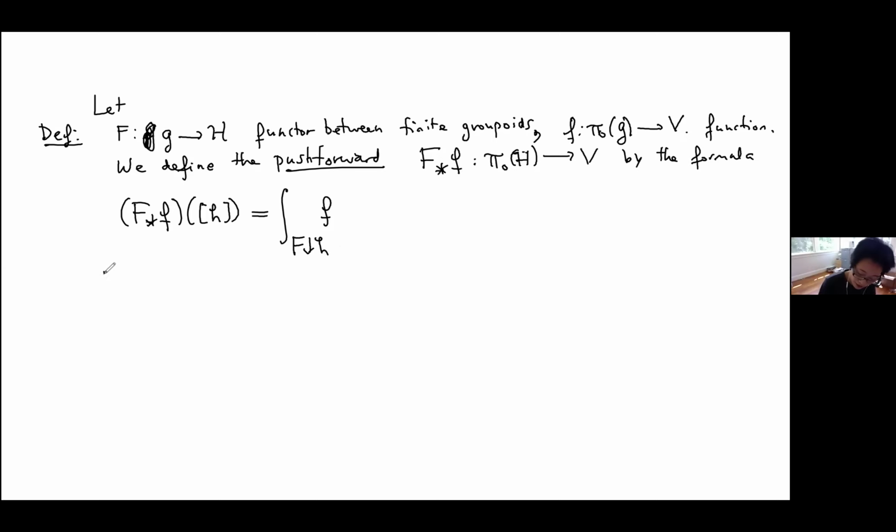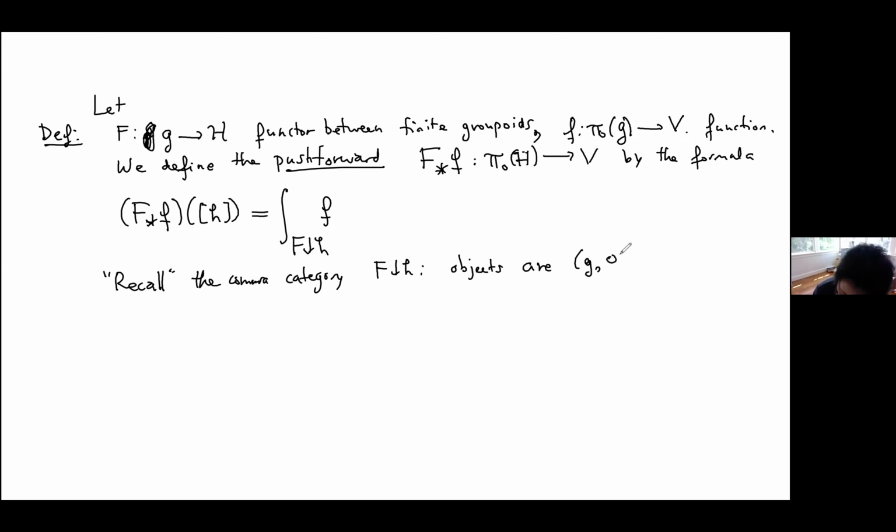So let me recall the comma category, and then I'll try to give you some vague intuition about why this is something you might be interested in. So recall that the comma category F over H: the objects are pairs (g, phi), say, where g is an object of G and phi is some morphism from F(g) to h.